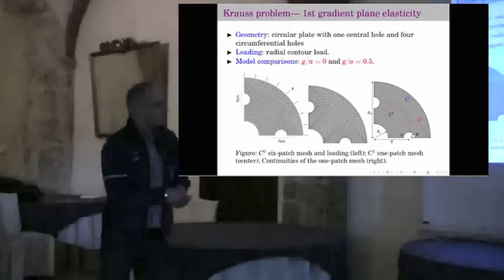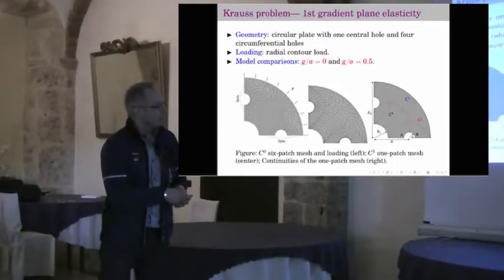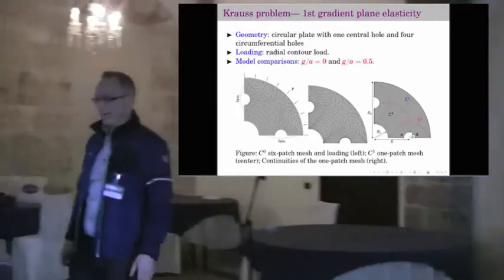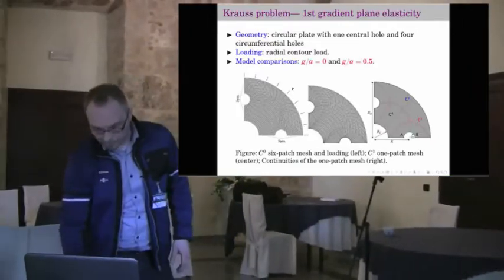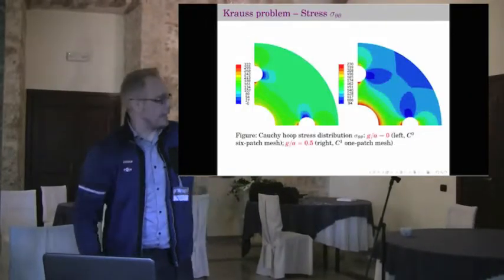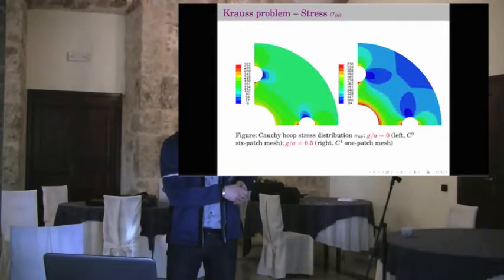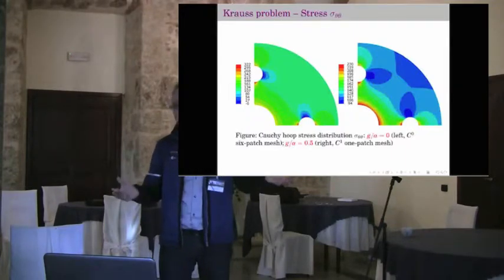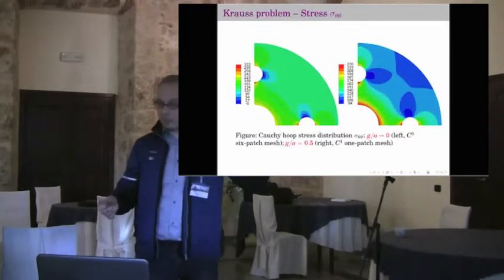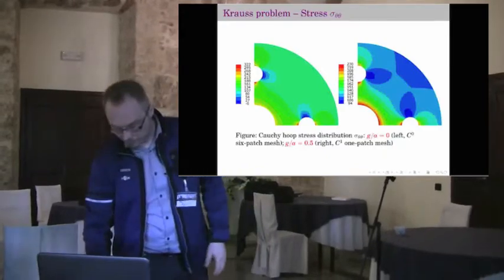And here we were able to get C1, and this is already a task. People say that isogeometric analysis is nice because the geometry can be captured accurately, and then we get C1, but the meshing is still a problem.